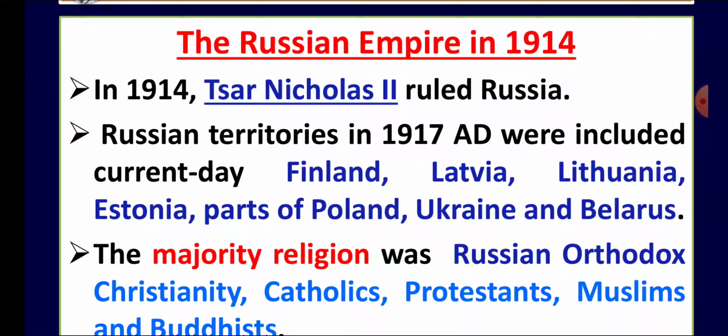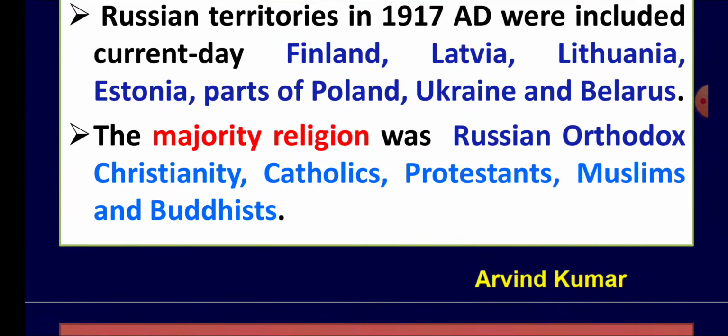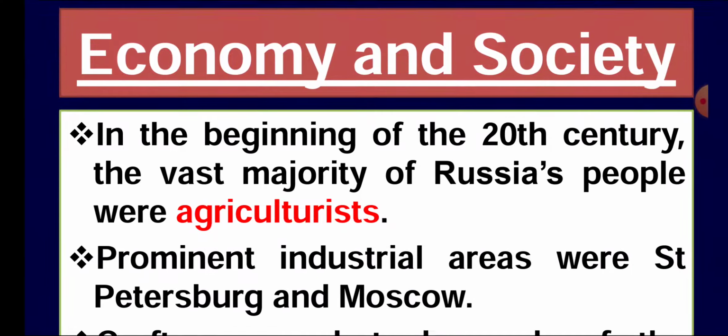Overall, we may say in 1917 it was a large nation. As you know, in the 1990s Russia got divided into 15 parts, although it is the largest country till date. So in 1917 Tsar Nicholas ruled in Russia.